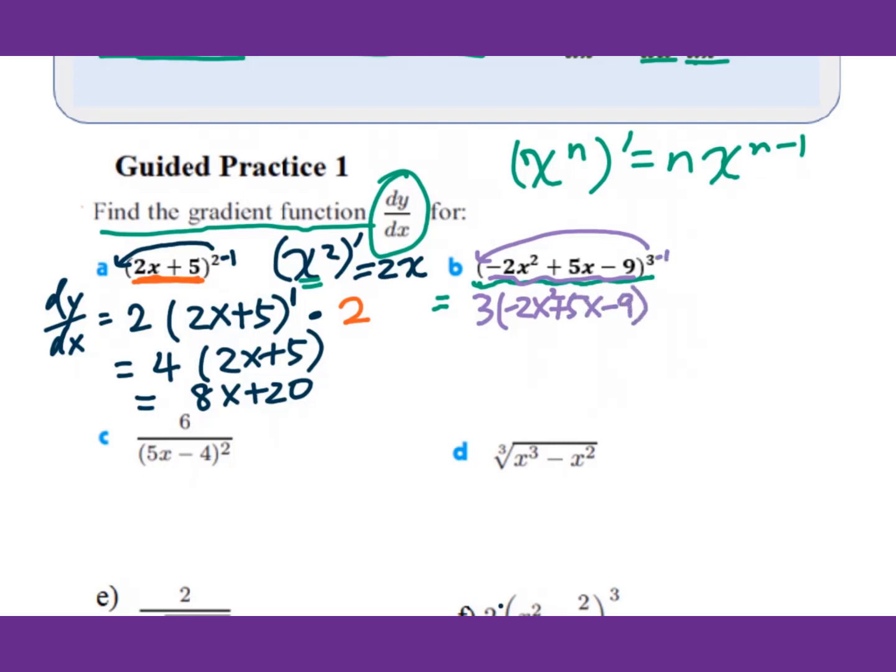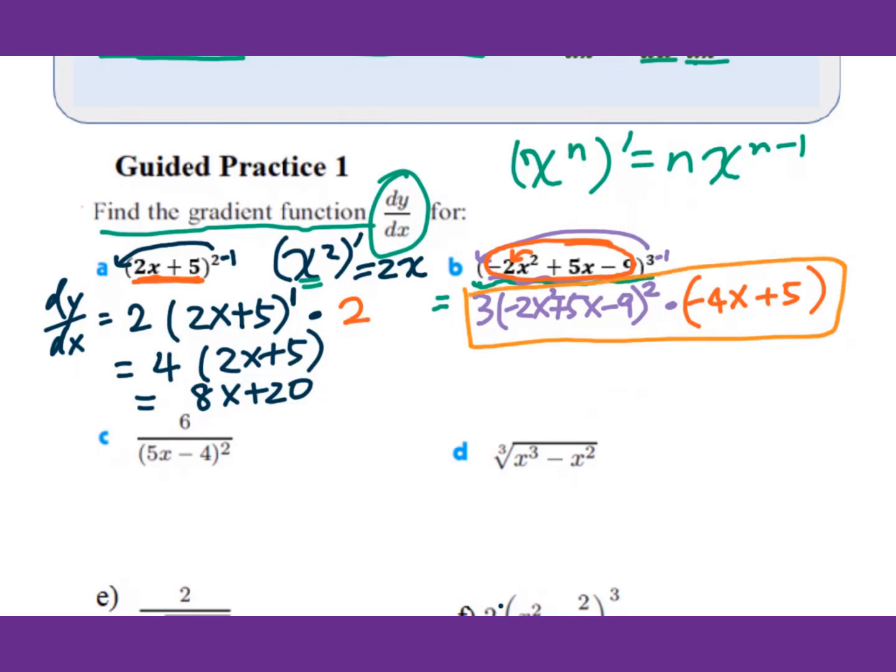Then 3 minus 1, that's a square, times the derivative for this polynomial. You will get negative 4x, because 2 drops down, multiply, plus 5, parentheses. That's it. Our goal for today is how to use the chain rule to figure out the derivative. You don't have to simplify.